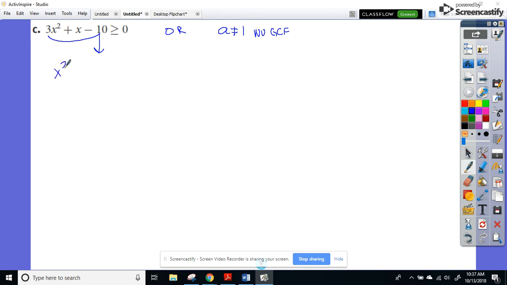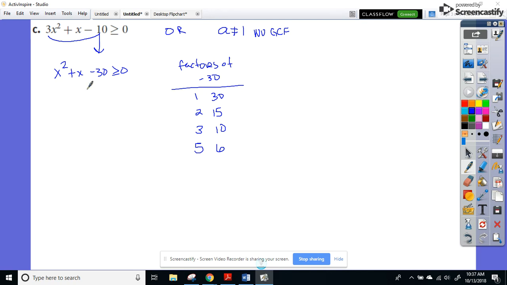So this becomes x squared plus x minus 30 is greater than or equal to 0. Factors of -30. There's not very many of them. 1 and 30, 2 and 15, 3 and 10, 5 and 6.